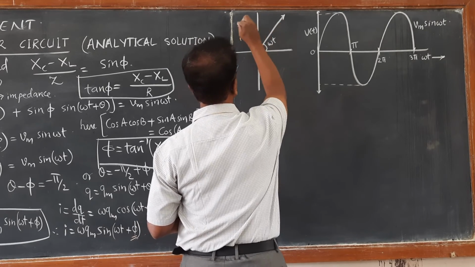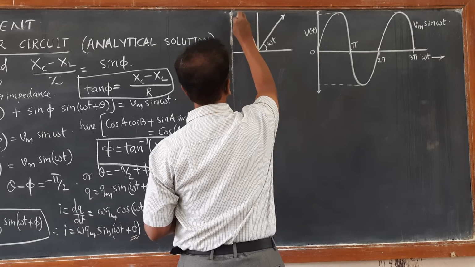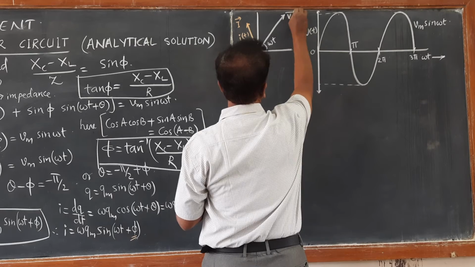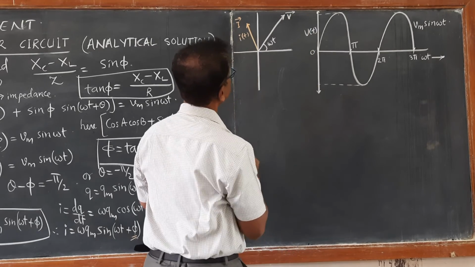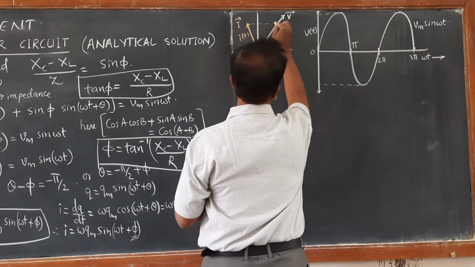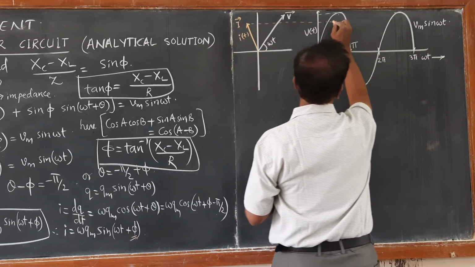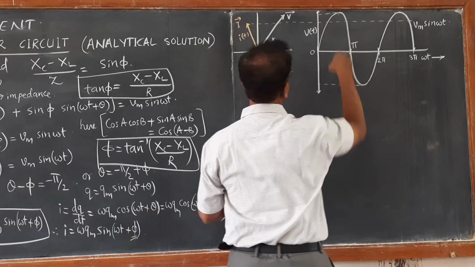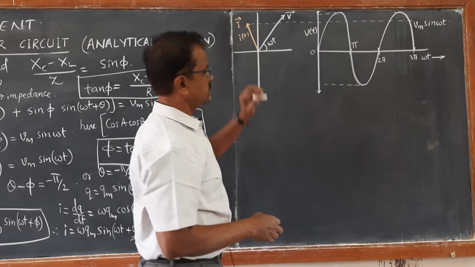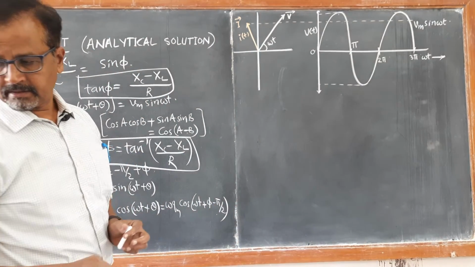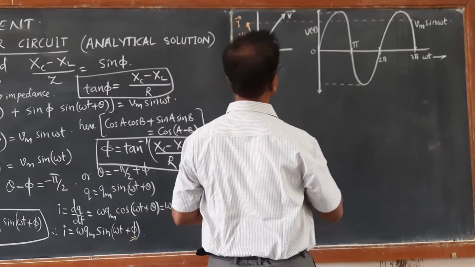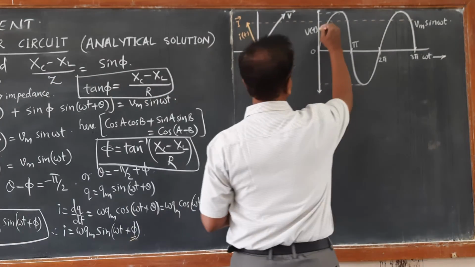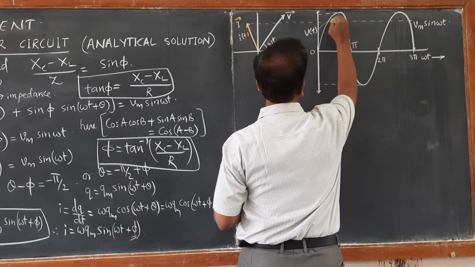This is the current phasor I vector. This is the voltage phasor V vector. Right? So this can be shown here in this graph, with some phase phi. So it is having some phase ahead of it, and we can just show the phase ahead of it like this.